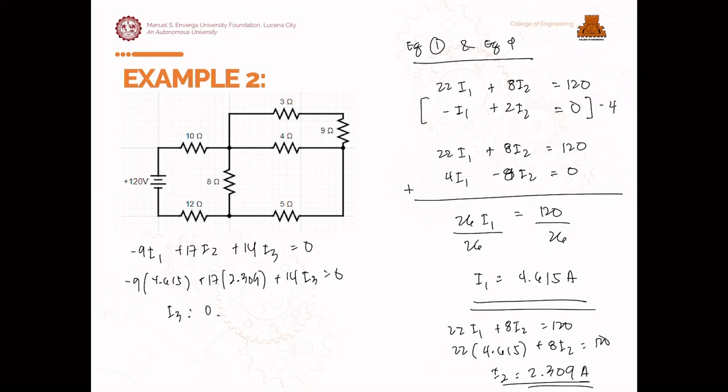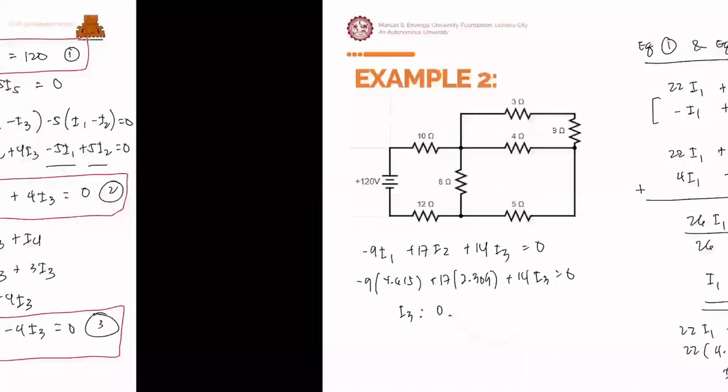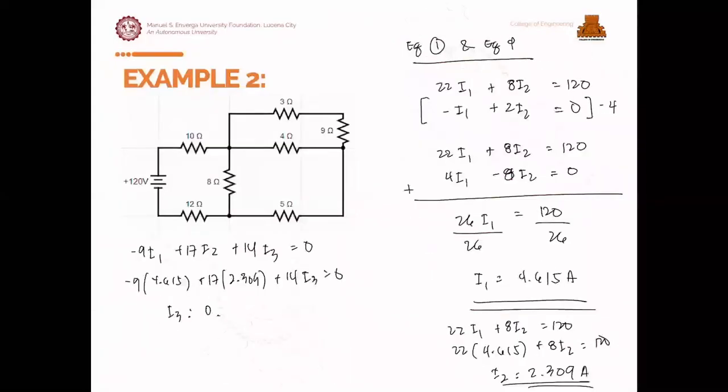So, I3 is... plus 4, I3, hindi pala 14. 4.